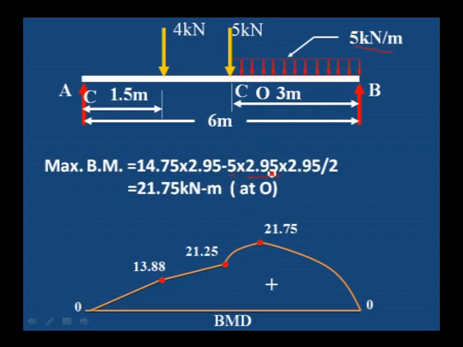We have to consider the uniformly distributed load up to 2.95 only. 5 into 2.95 is the load, which acts at the center of the 2.95, that is 2.95 divided by 2. This is the moment about O. Therefore, the maximum bending moment at O is 21.75 kilonewton meter. This is the maximum bending moment value, where we can see the rise of the curve. We have to rise the curve at the point and then join at the B point. This is the bending moment diagram for the given loading system.